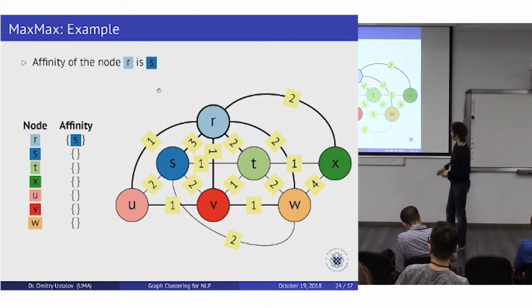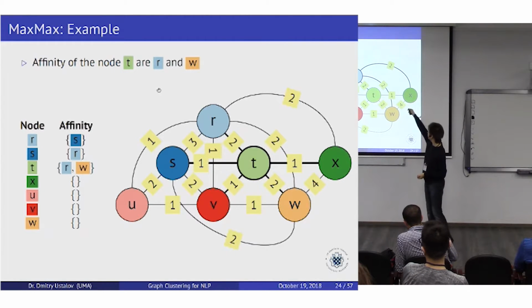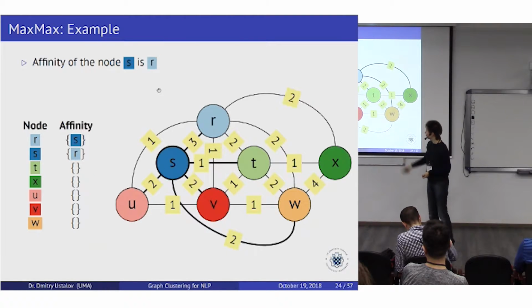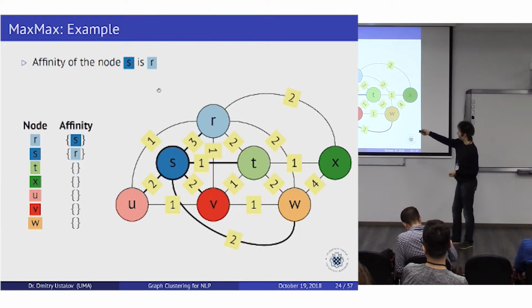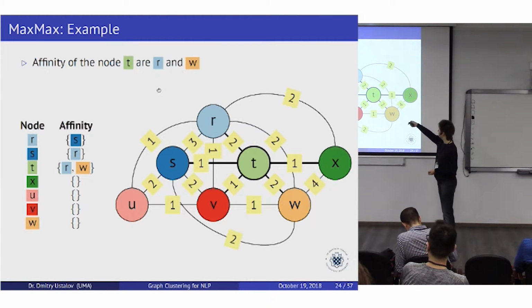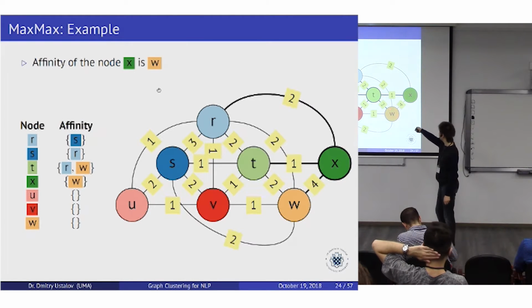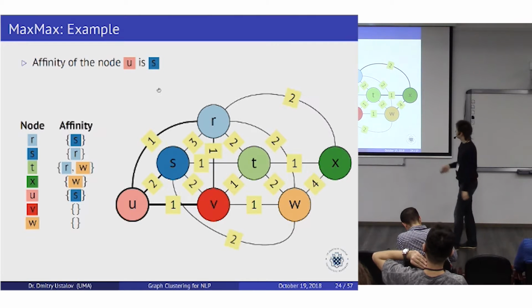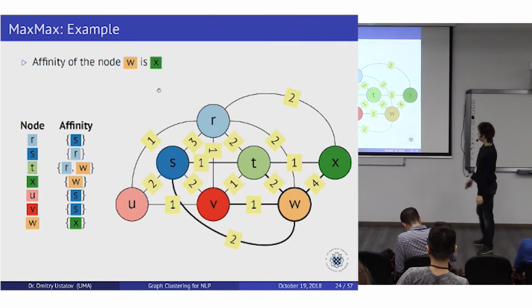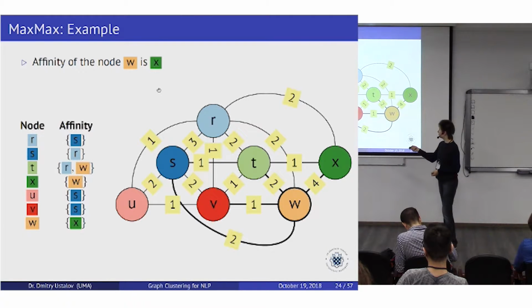You must be better at reading. S has weight 3, this has weight 2, so we must say it's S. For S, we found R. For T, we have 2 nodes actually, so it's 2 and 2. Same situation. So you get these affinities.